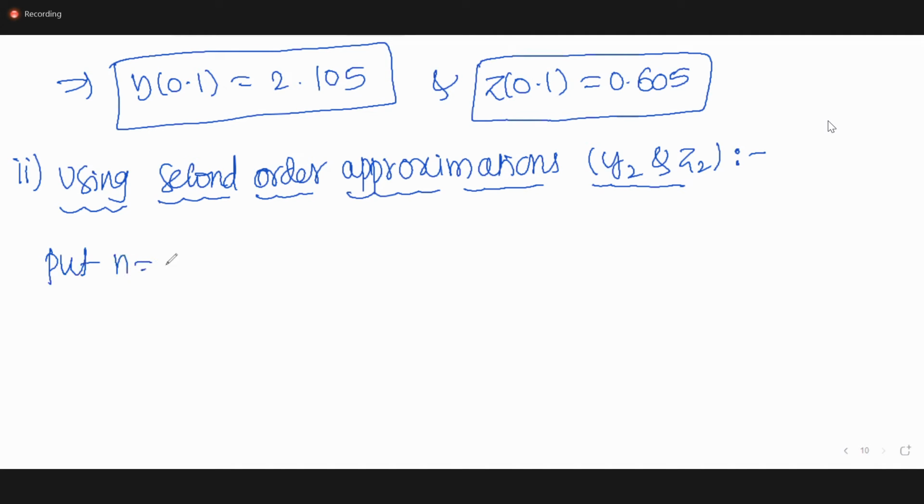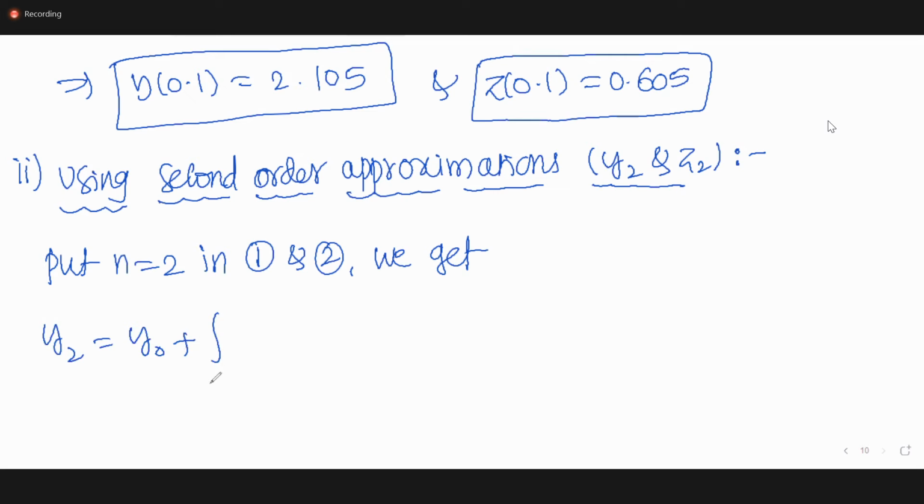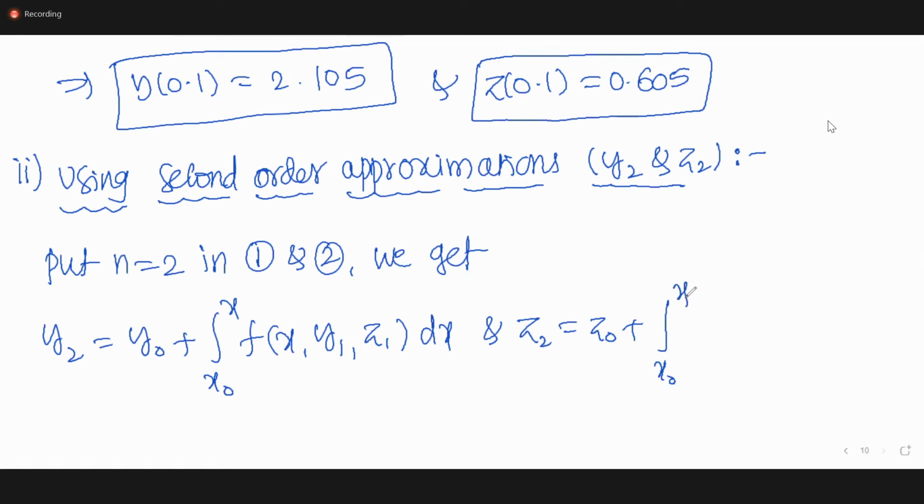Put n is equal to 2 in both 1 and 2. We get y2 is equal to y naught plus integration from x naught to x of f of x comma y1 comma z1 dx, and z2 is equal to z naught plus integration from x naught to x of phi of x comma y1 comma z1 dx.